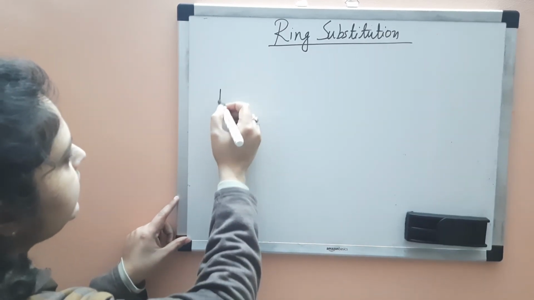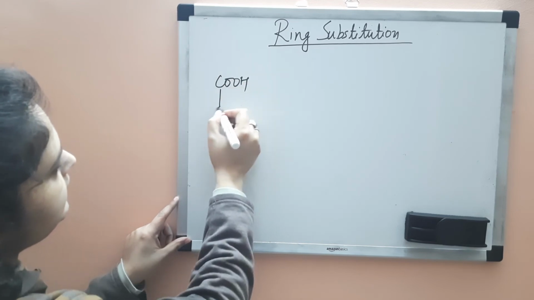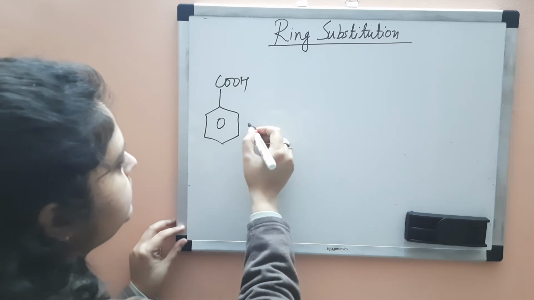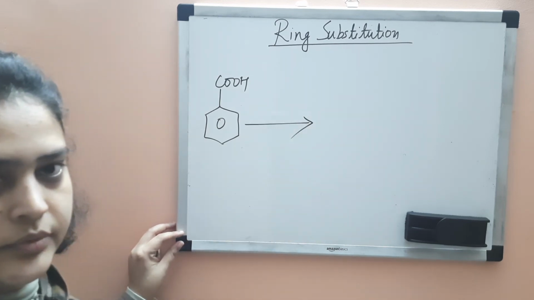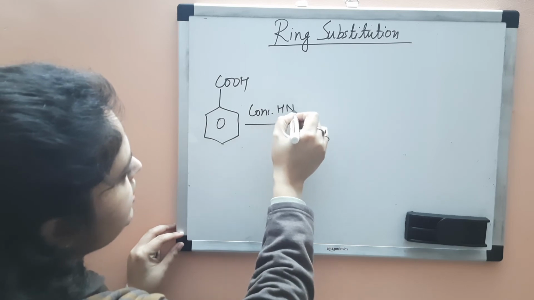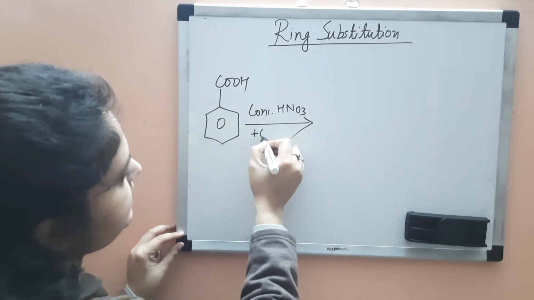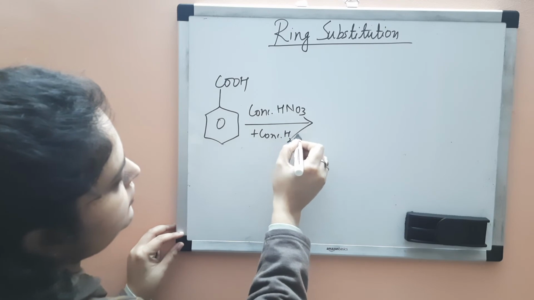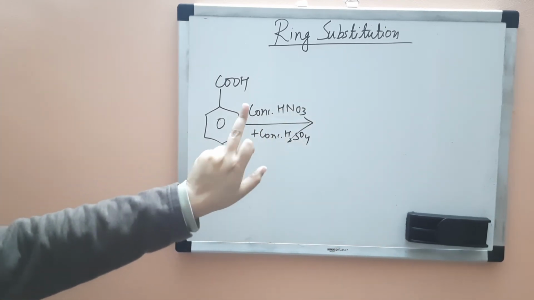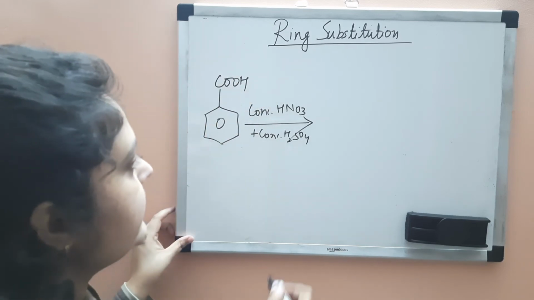So if you take the aromatic carboxylic acid and do the electrophilic substitution, that is, if you add concentrated HNO3 plus concentrated H2SO4, then your nitro group will attach to the meta position, because COOH is deactivating group.